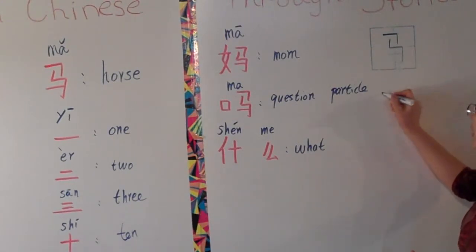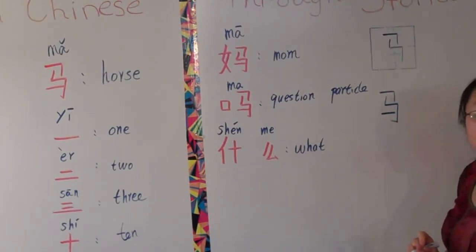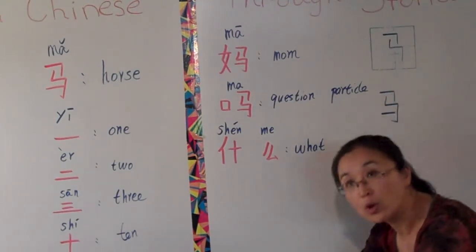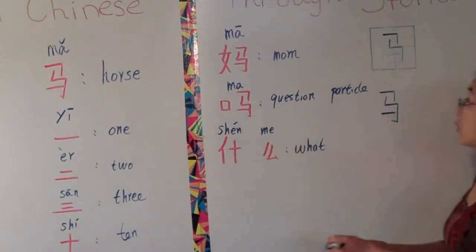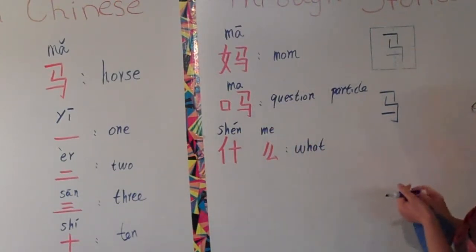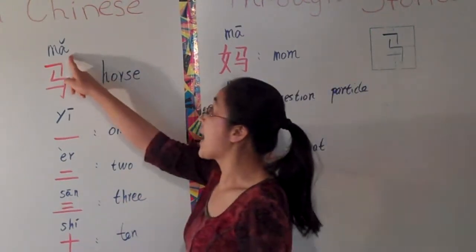The head, the body, and the leg. Got it? Okay, 马, a stand-up horse. Now let's put it on. You can see that now. Now we have 马.